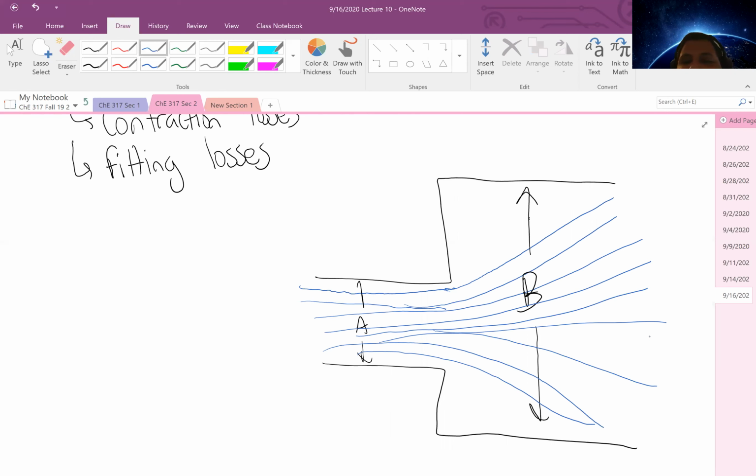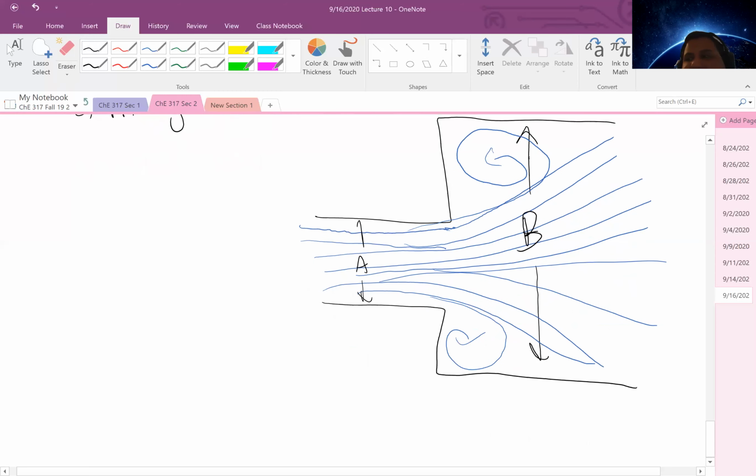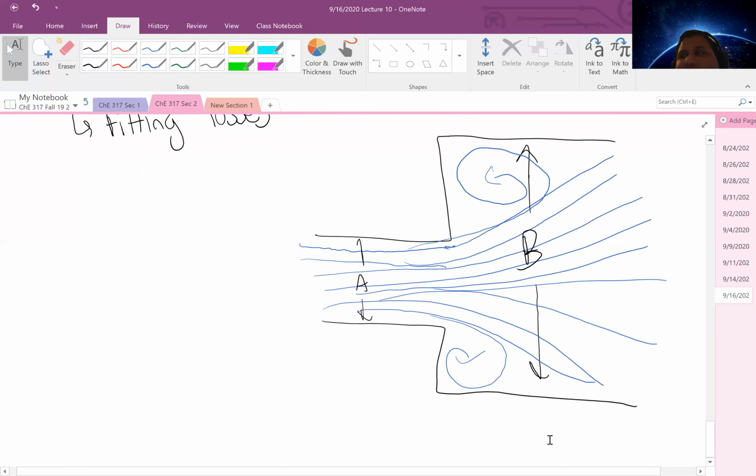And so what we find is the fluid can't essentially immediately fill this void space. And so what ends up happening is vortices or eddies emerge in these zones. And what that ends up doing is removing energy from the fluid by essentially an increase in turbulence and energy dissipation due to all the added shear that we see happening by these eddies on the walls or in the interfaces.